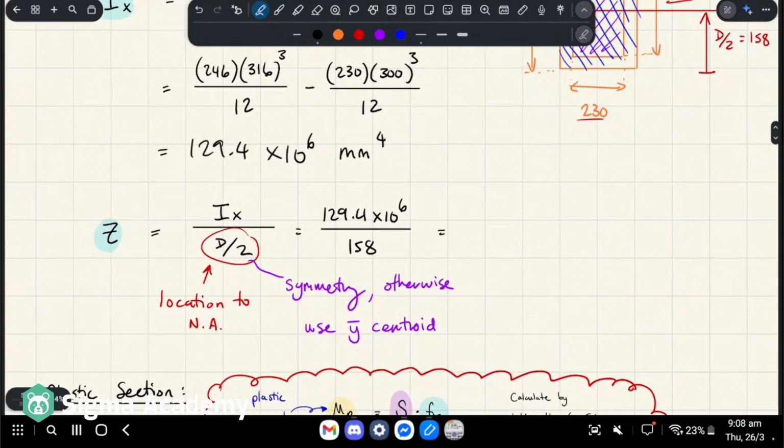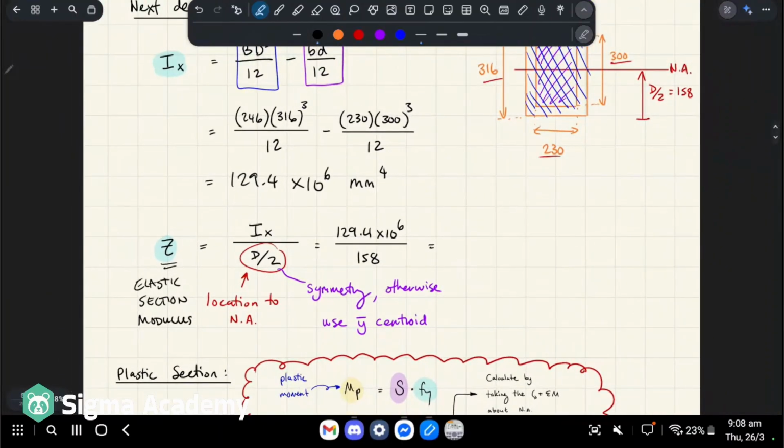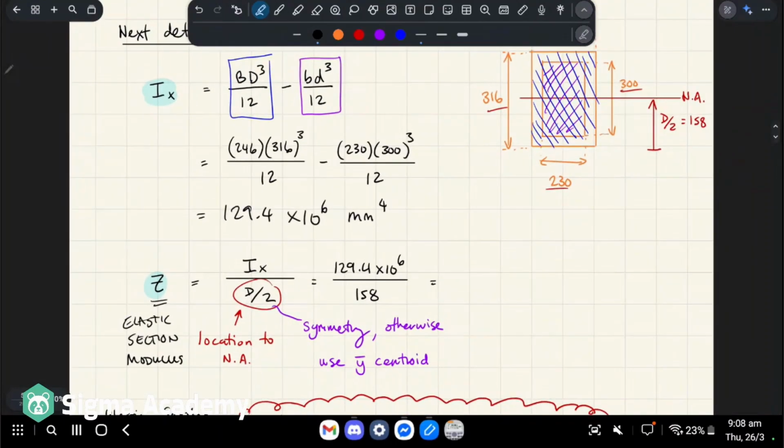Okay, so this one requires a bit more of an explanation, but as I briefly alluded to in the previous few videos, Z is our elastic section modulus. When we're calculating our section moment capacity, what we need is Fy times Ze.